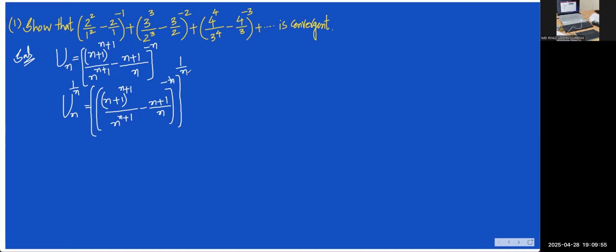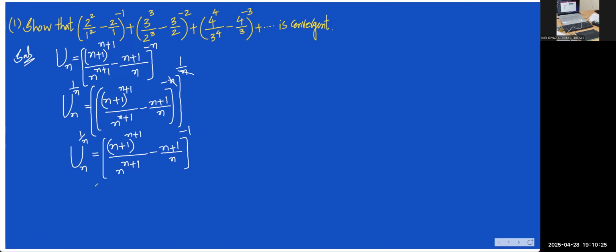And we know that this and this will be cancelled. So how much does un become? Un to the power of 1 by n is left as n plus 1 to the power of n plus 1 divided by n to the power of n plus 1 minus n plus 1 divided by n, and whole to the power of minus 1.